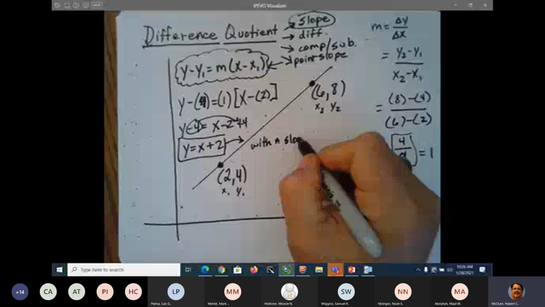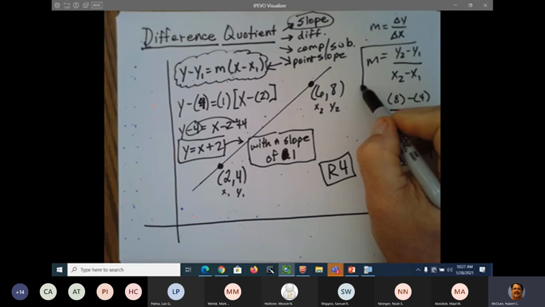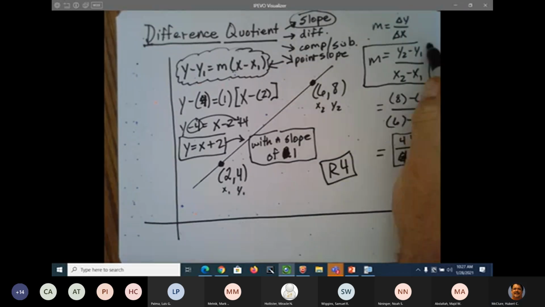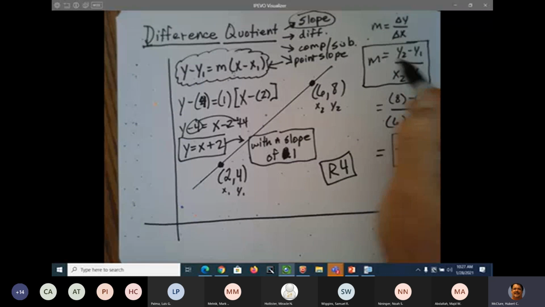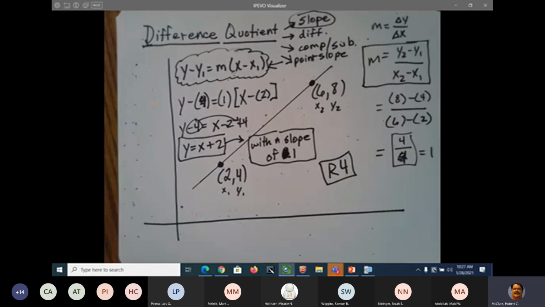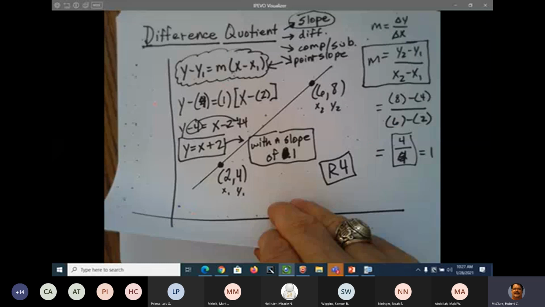Okay, now I'm going to apply what we learned right here, especially this right here. I want you to draw this. I'm going to draw it on the next page because we're going to use this in the difference quotient. All right, so I'm going to go to the next page. Leave that up for a couple of seconds more. And I'm going to draw another graph.